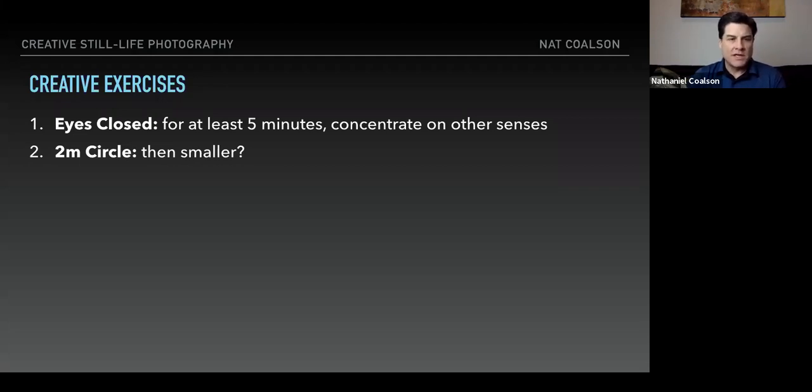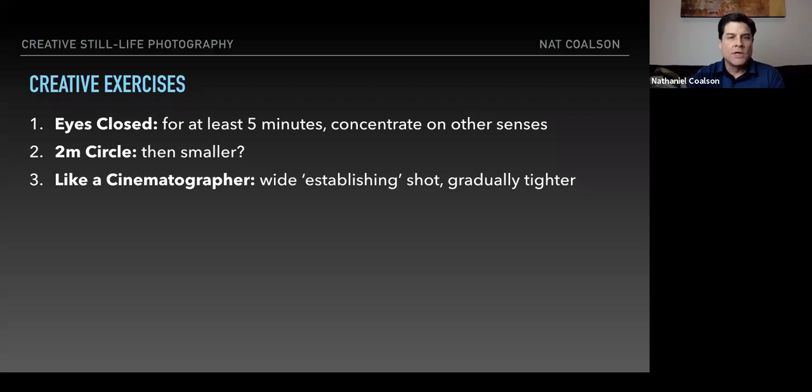So you might say something that's 2 meters or somewhere around 5 or 6 feet in diameter. Practice making 25 or 30 pictures just in that area. You'll find that it really increases your skills at seeing what's possible.